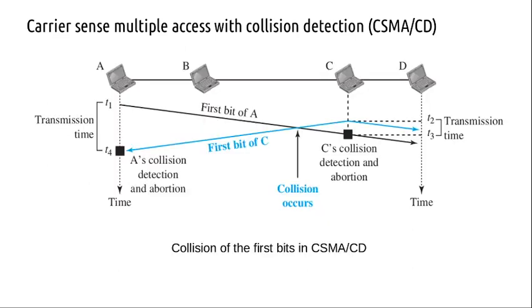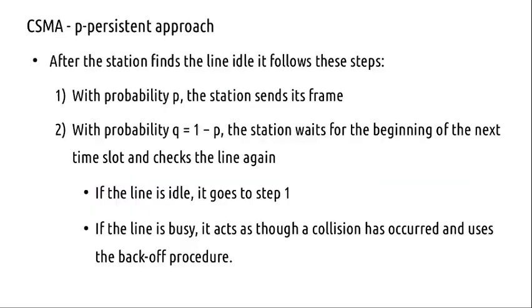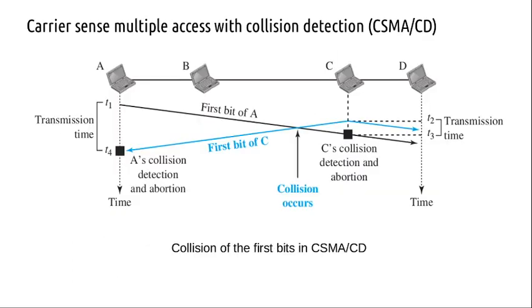This is where the collision occurs. CSMA-CD involves steps like this. Say for instance, we will consider these two nodes, A and C. It's a half duplex line, you can say.